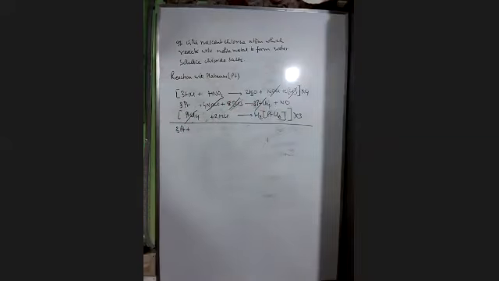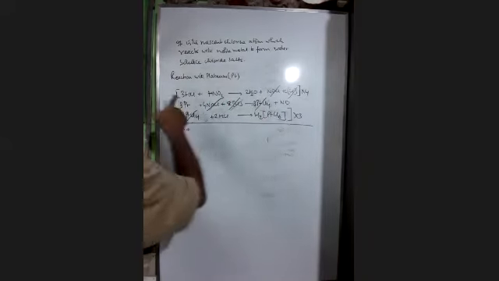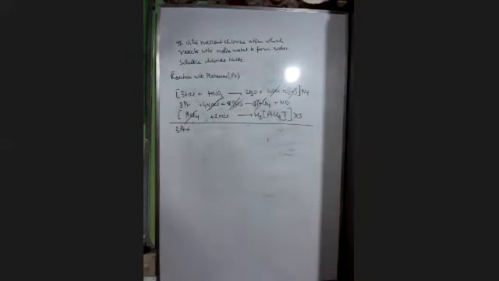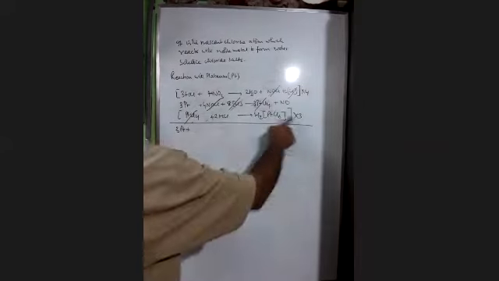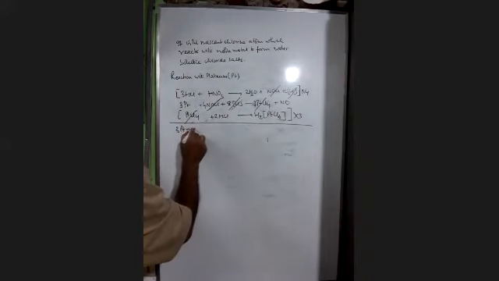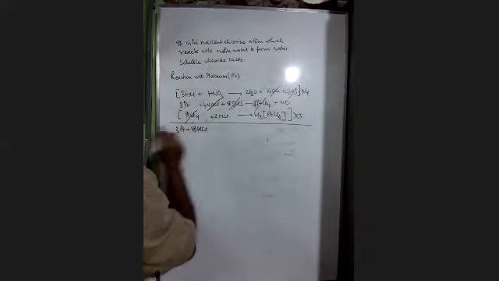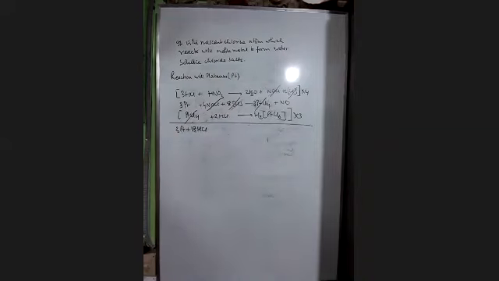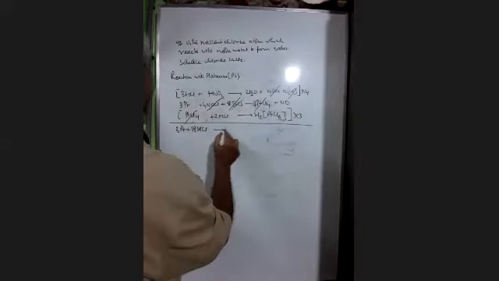How many HCl, dear? 4 into 3, 12. 3 into 2, 6. So 12 plus 6 is 18. 18 HCl. Okay. So I'll write now on this side.